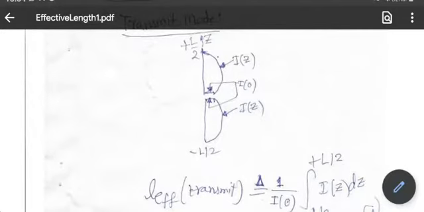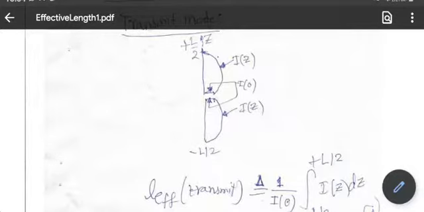You take the integral of Iz over the entire length of the antenna and divide the result by the maximum current. In fact, not maximum, the current at the feed point that's going in. So what it tells you is the length of a hypothetical antenna, which will have the same behavior as the given antenna, but which will have a constant current of some value and length, physical length equal to effective length.